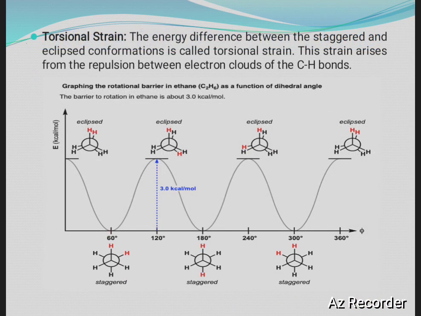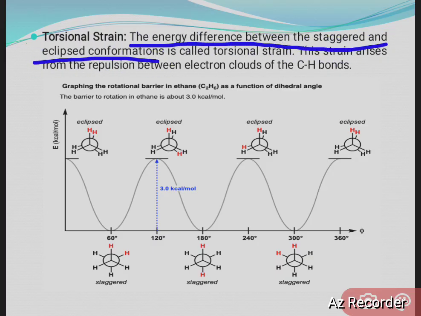Next, the torsional strain. What does torsional strain mean? The energy difference between the staggered and eclipsed conformations is called the torsional strain. This strain arises from the repulsion between the electron clouds of the C-H bonds.